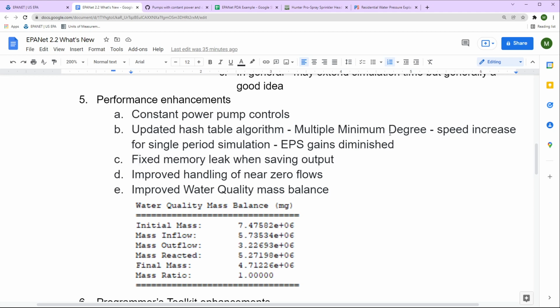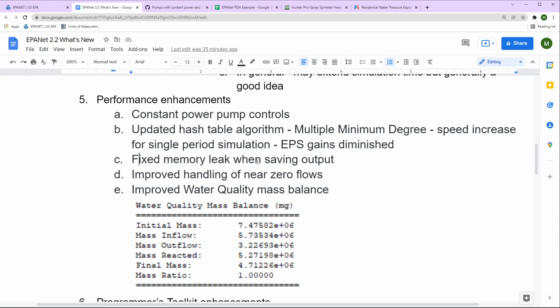So once that's reordered, it doesn't have to be done again. As your duration on your extended period simulation goes longer and longer, the percent increase in speed diminishes, because as a percent of the total simulation time, the reordering is less and less.